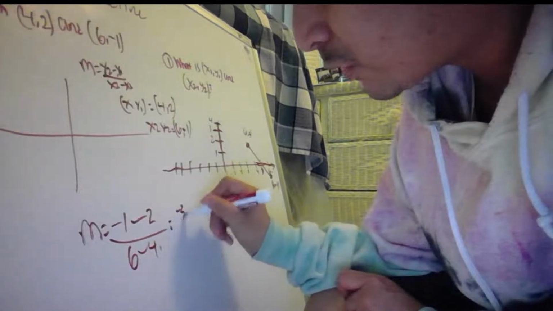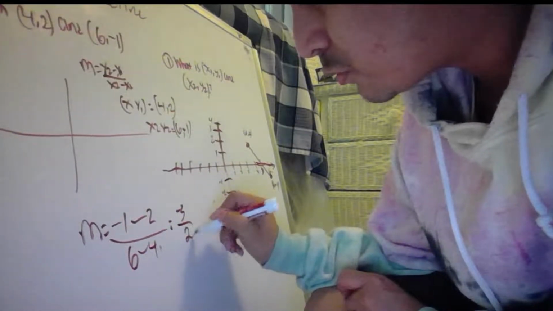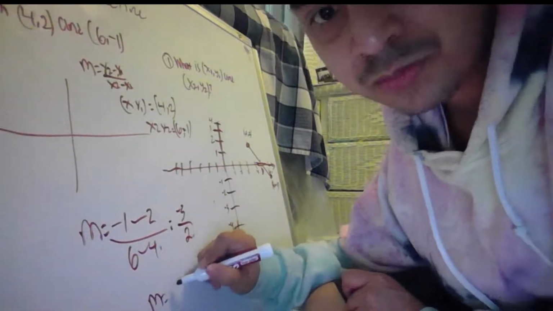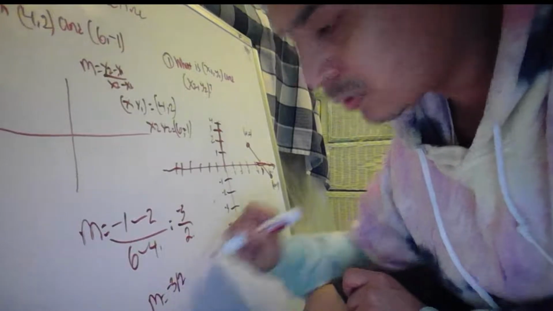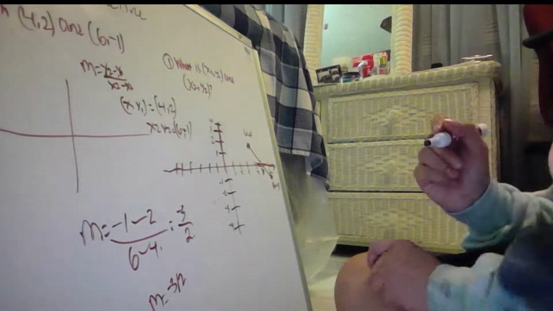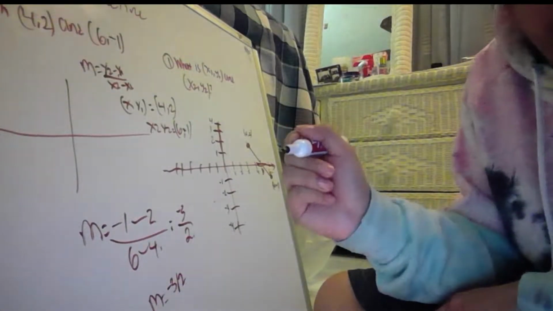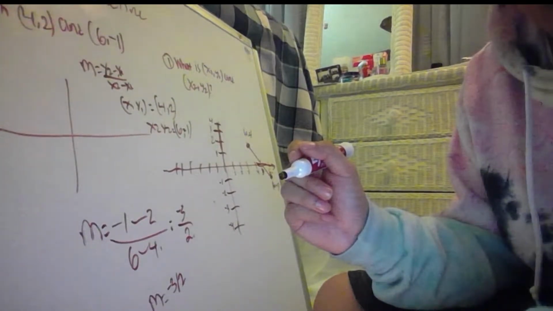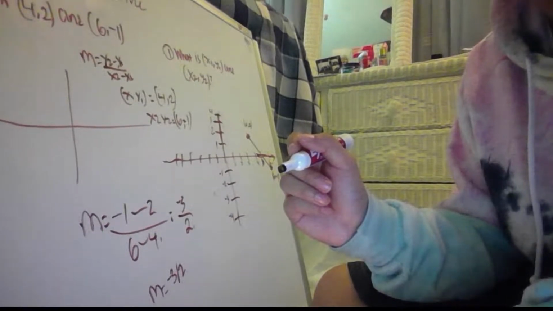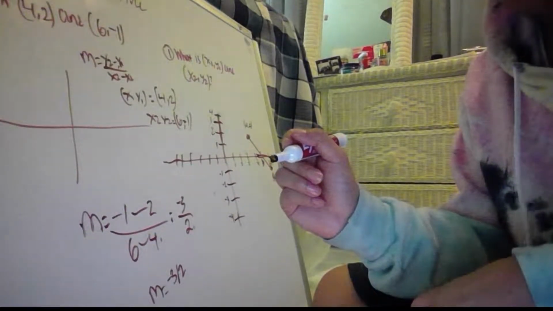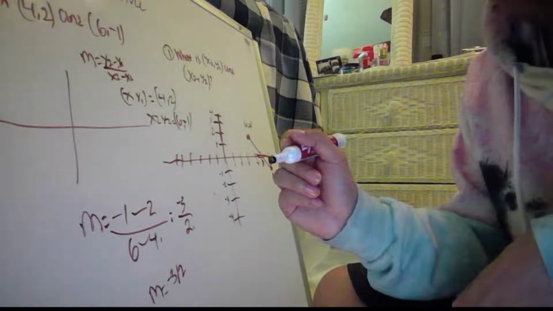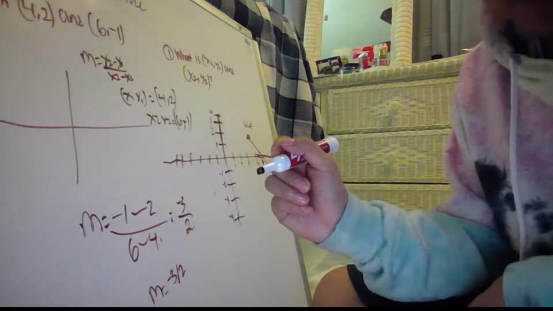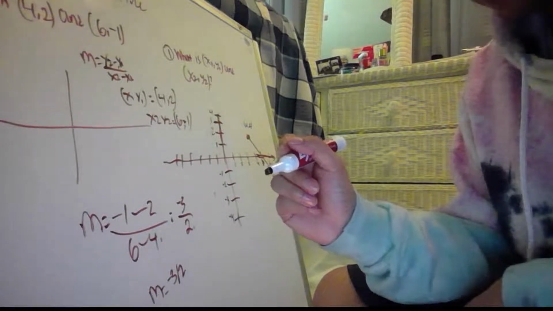That'll be -3 over 2, right? So that's our slope. Slope is m equals -3 halves. Okay? I hope that's good. Doesn't look as great. Hold on.